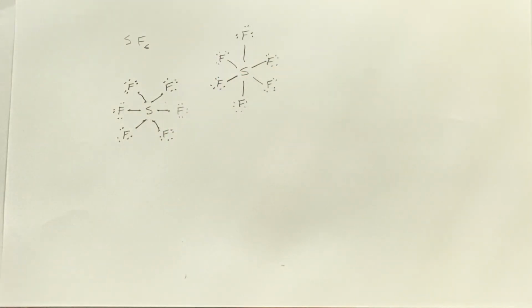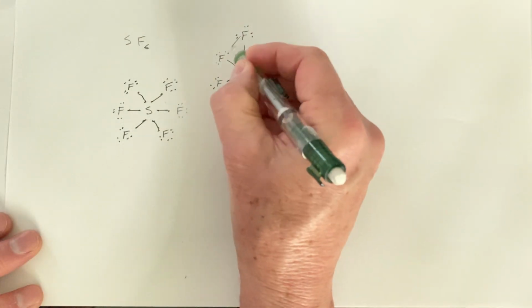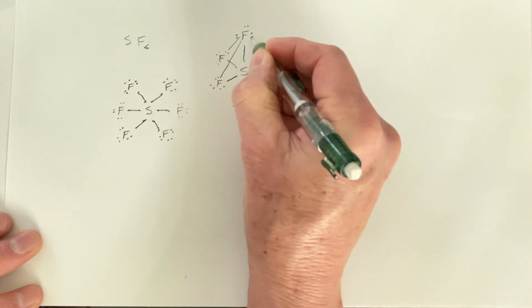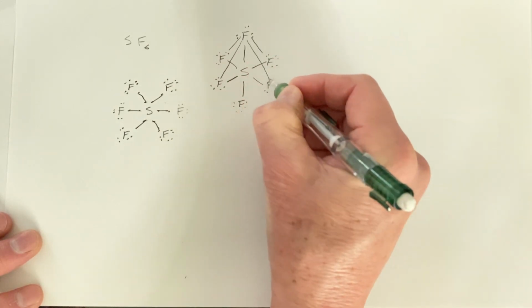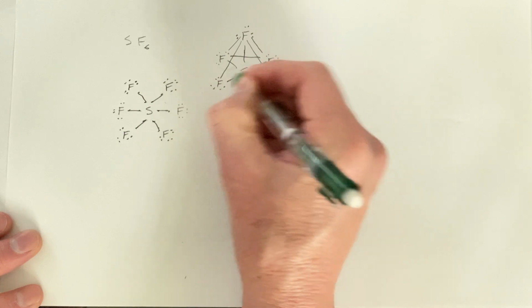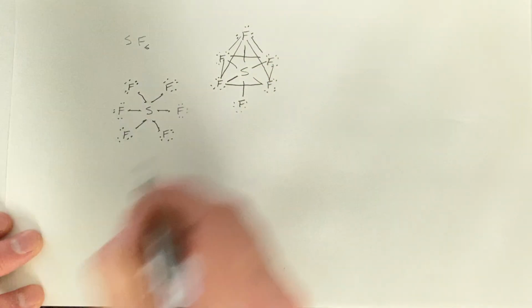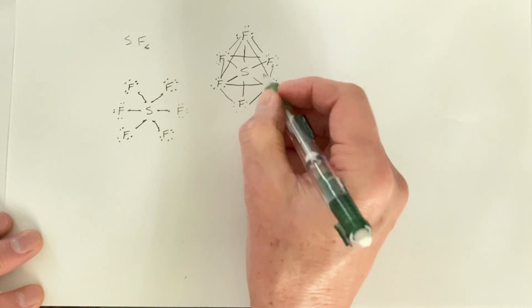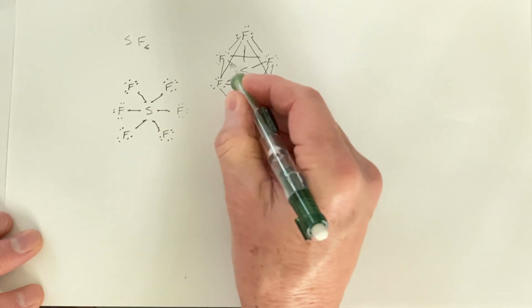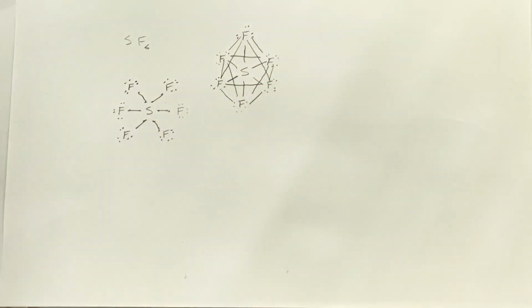In this case, our electron geometry and molecular geometries are the same. If we look at this, we can envision somewhat of a pyramid on the top and a pyramid on the bottom.